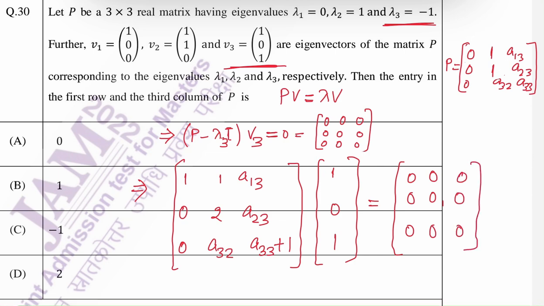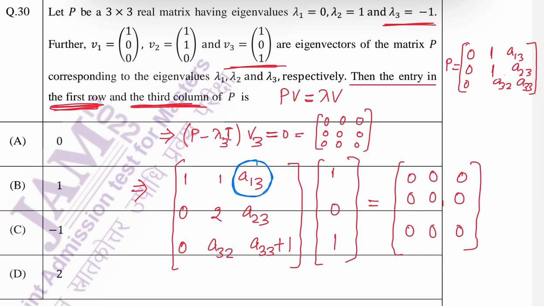Okay, now since this is the final putting, we should see the question. Here you see the entry in the first row and the third column of P, and that entry is this one, a13. We have to find the value of this a13.